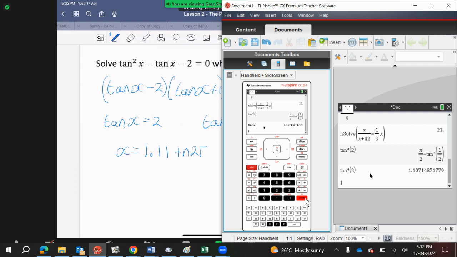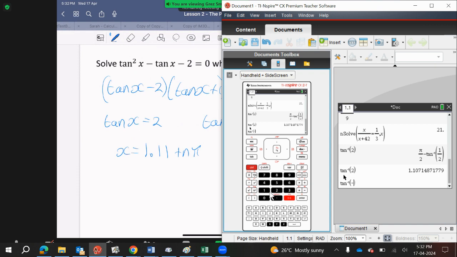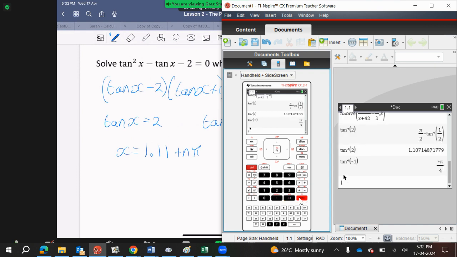Nope, plus n pi. And for -1, you can do that one without the calculator. So x equals minus pi over 4 plus n pi.